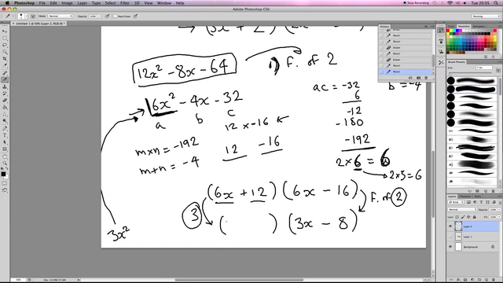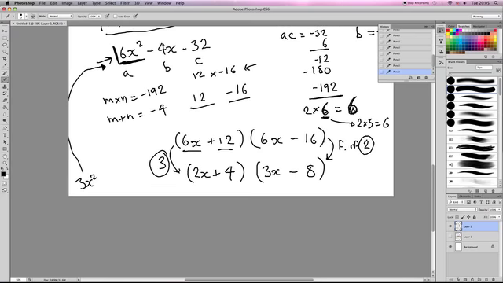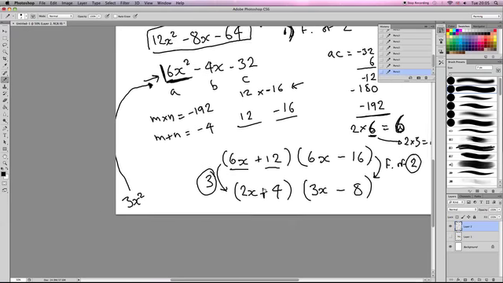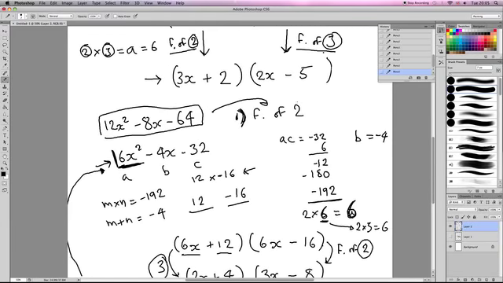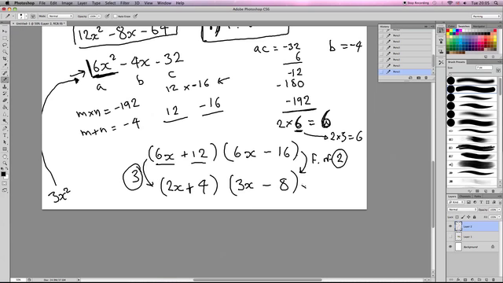So if I take a factor of 3 out, that's 2x plus 4. Oh, actually, we've got one last step, and the last step is whatever factor I took out at the very start, I've got to times by it now. So if I just times by 2, all of that is my answer right there.